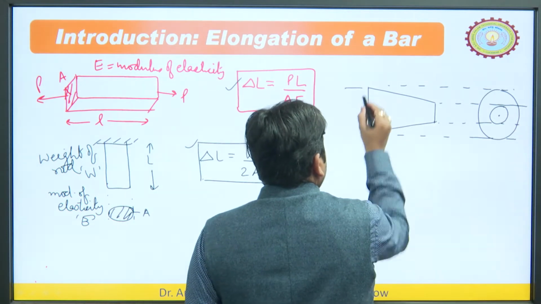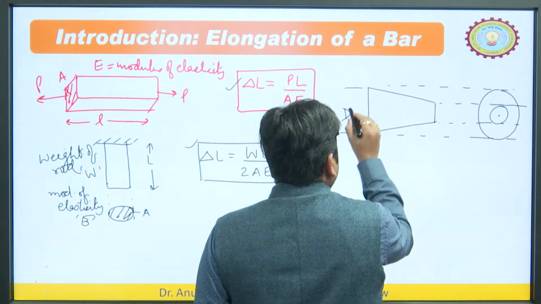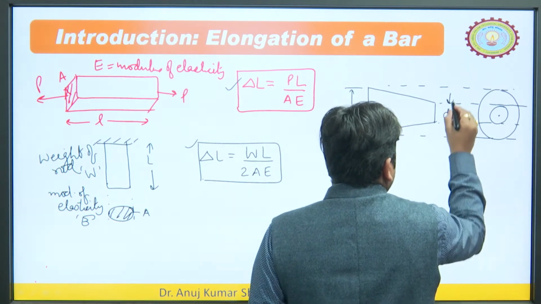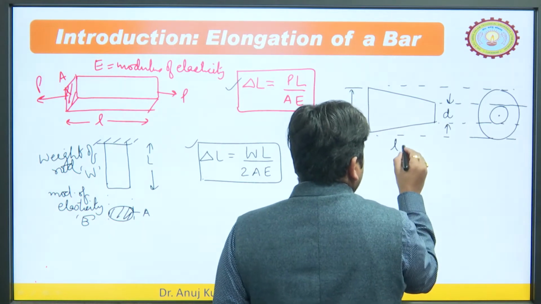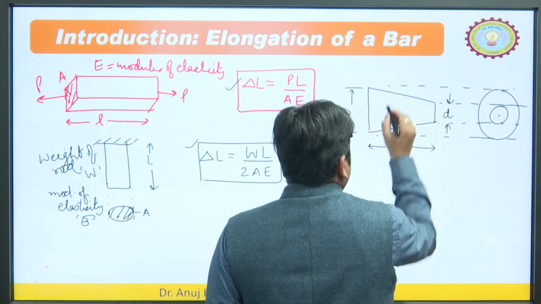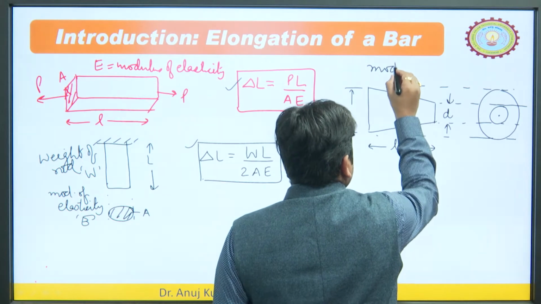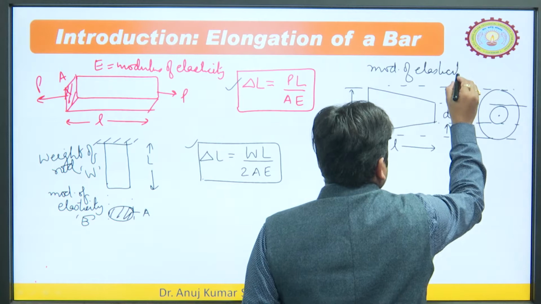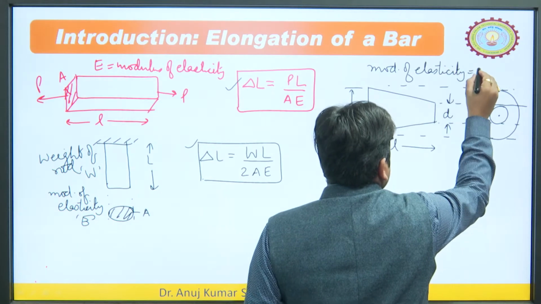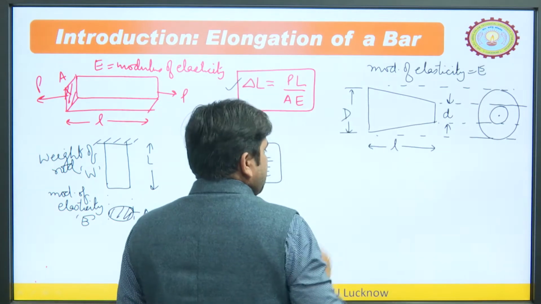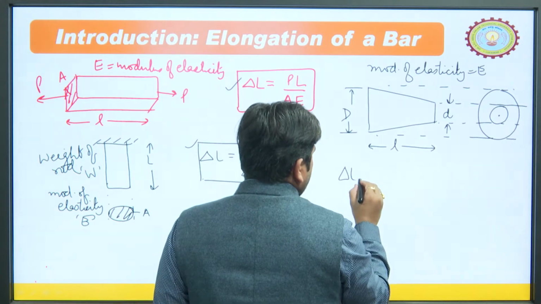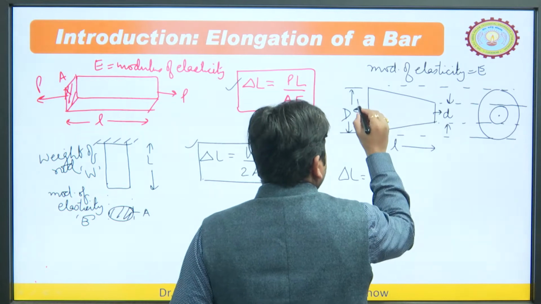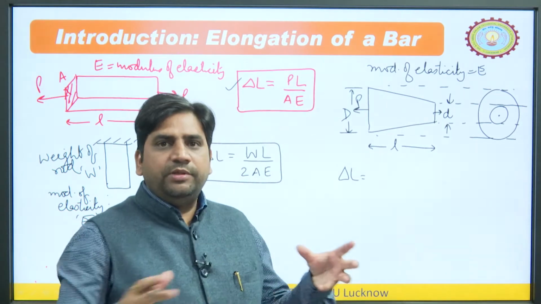From here, let us say the diameter is capital D and here the diameter is small d, and the total length of this rod is L. The modulus of elasticity is E. We are applying some force here, let us say this force is P. So, what would be the elongation?